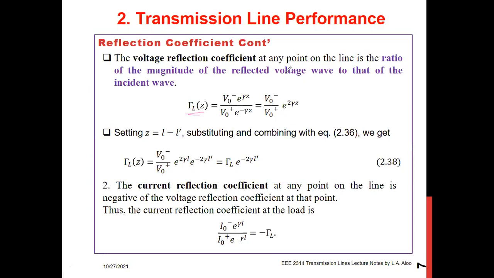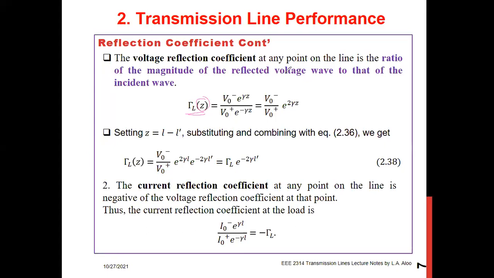And so we can now have tau L as a function of Z. And here you also remember that this Z represents the position on the transmission line. It is a variable.